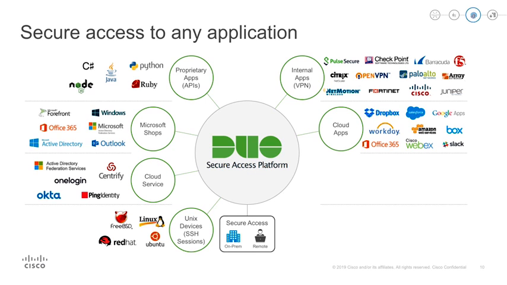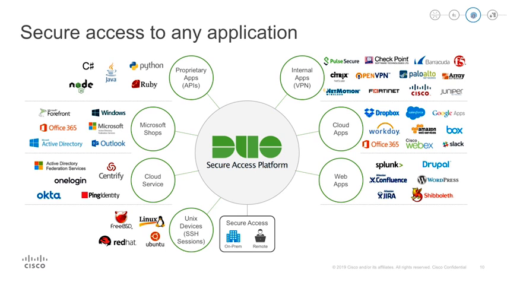Cloud applications. Customers can protect access to cloud applications with Duo's two-factor authentication, part of Duo's trusted access platform. Web-based applications. Duo Web makes it easy to add strong two-factor authentication to web applications.